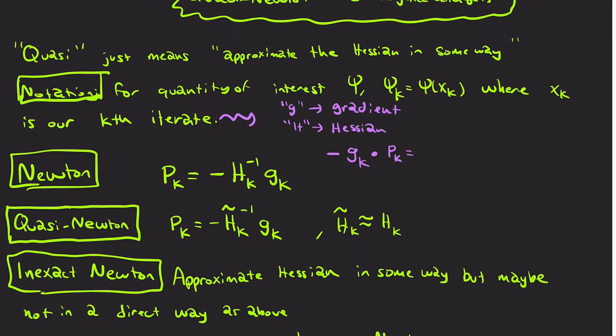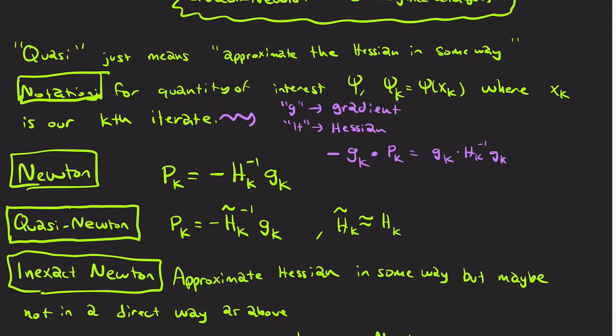If we take the negative gradient dotted with pk, that should be a positive value if we want descent. So this is just gk transpose hk inverse gk.